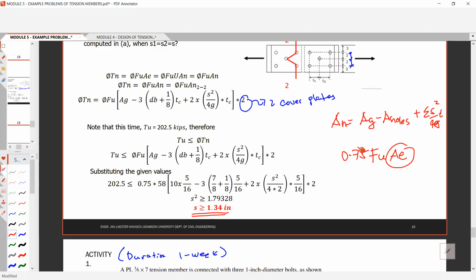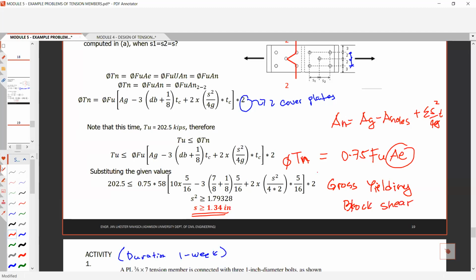However, if we increase the tensile fracture capacity, which is this one, T sub n, this will not likely govern, because we also have other limit states. We have the gross yielding, and we also have the block shear.